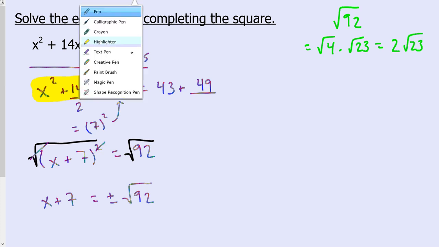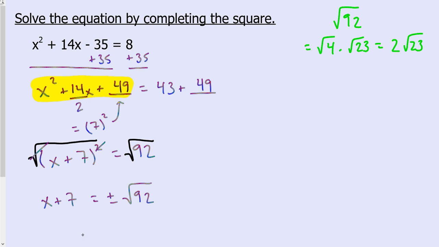All right. So if I go back and take a look at this, I'm just going to go over this part. We're just going to split it up into 2 here. So we're going to have x plus 7, okay, equals plus or minus 2 root 23.